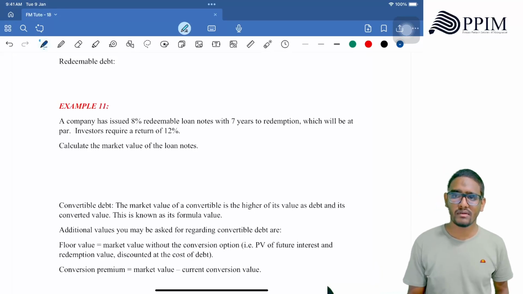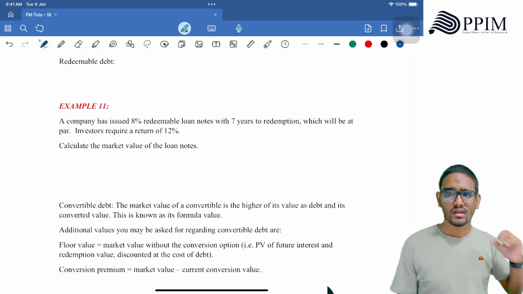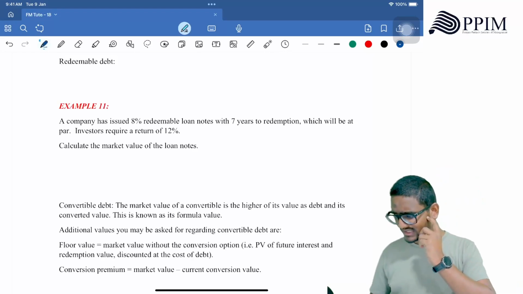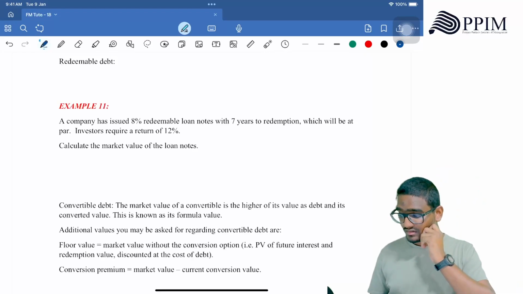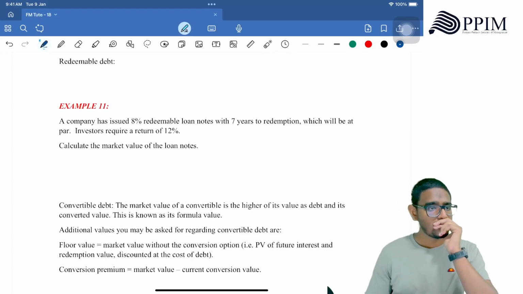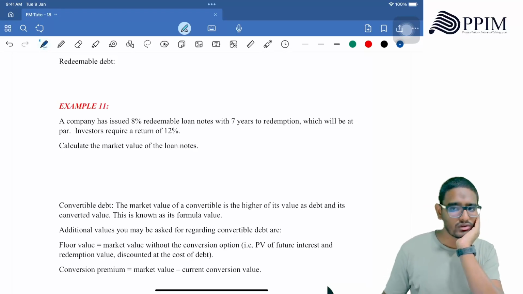You can redeem at a premium or redeem at par also. So what is the main characteristic of this thing? You can recover your capital back. Okay, so you have a redemption, or you're redeeming the principal amount.